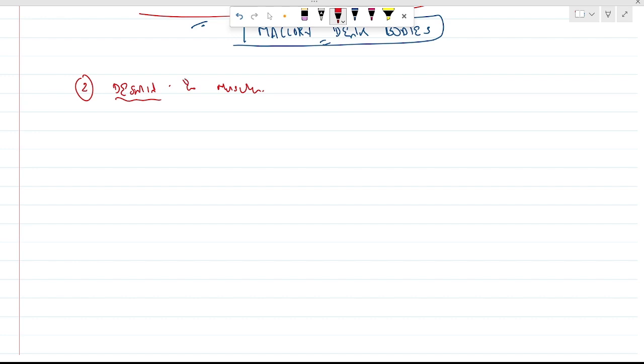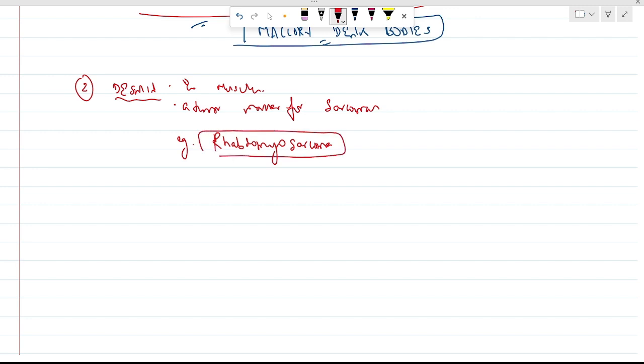It's also a tumor marker for sarcomas, for example rhabdomyosarcoma.